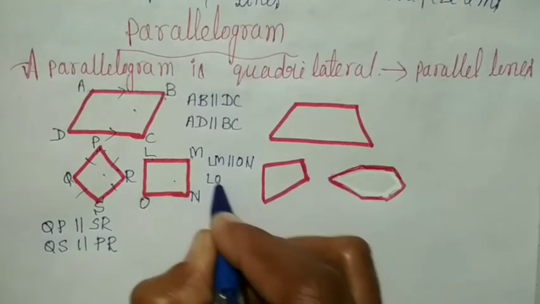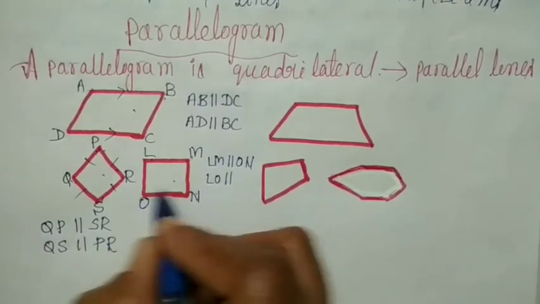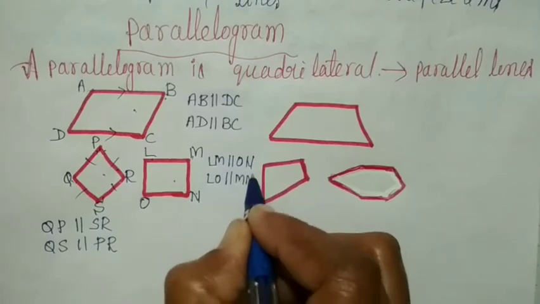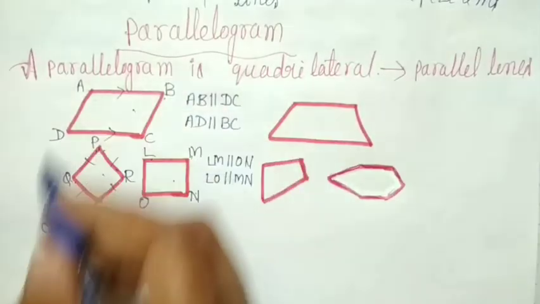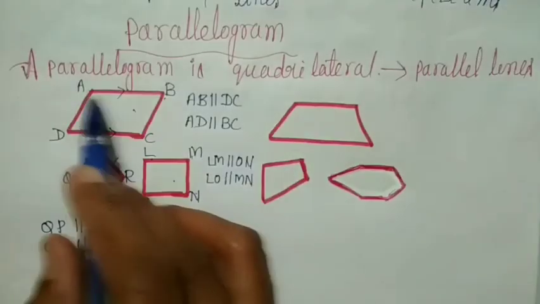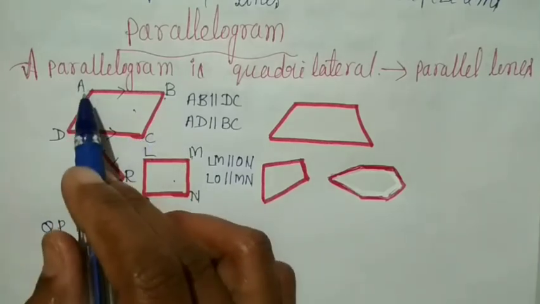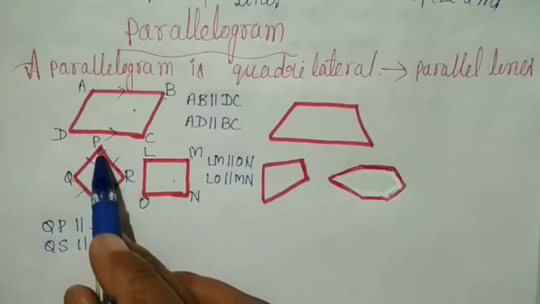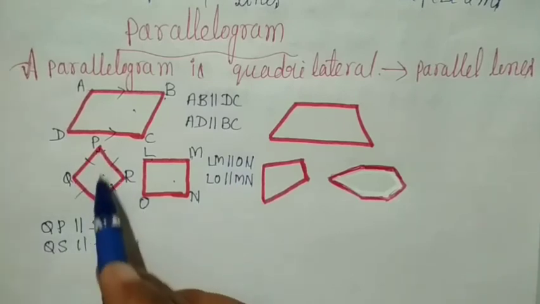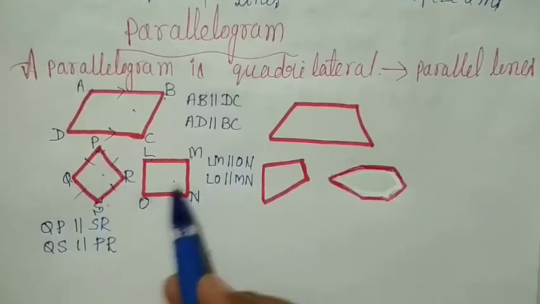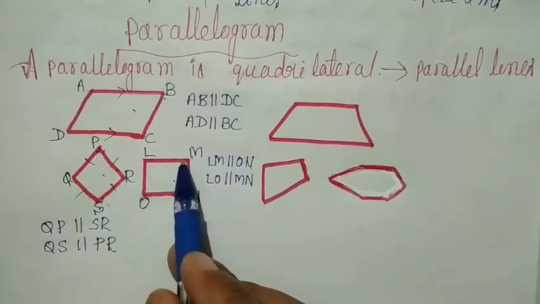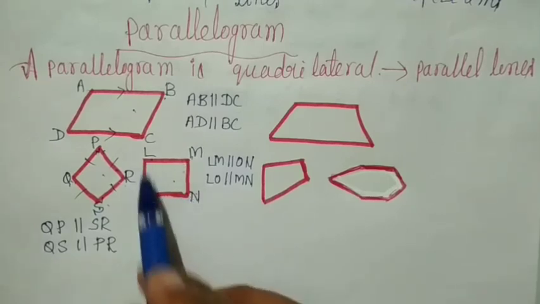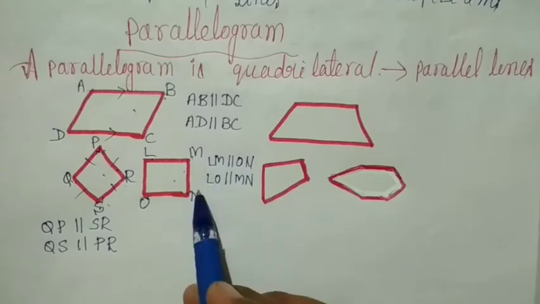LO parallel to MN. Yes, LO parallel to MN. Consider these figures. AB parallel to DC, AD parallel to BC. Next picture, PQ parallel to SR and PR parallel to QS. And third figure, LM parallel to ON and LO parallel to MN.